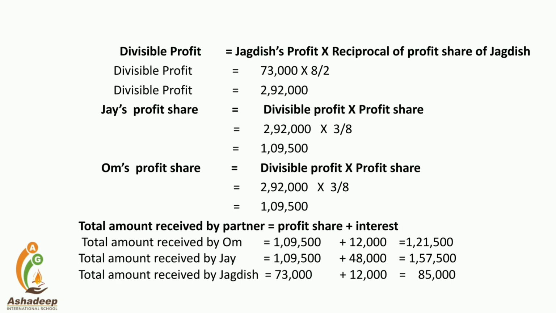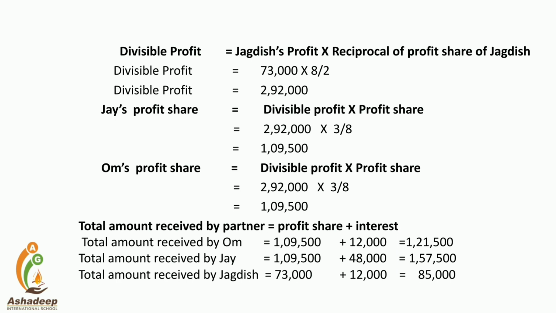And when we multiply these two figures, we get rupees 1,09,500. Om's profit share will be divisible profit multiply profit share of Om, that is 2,92,000 multiply 3 by 8, we will get 1,09,500.